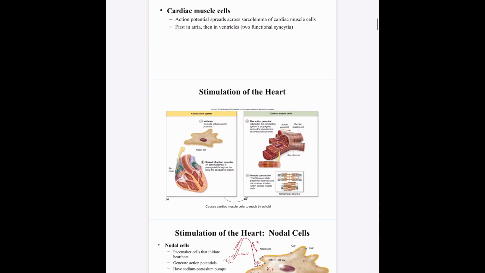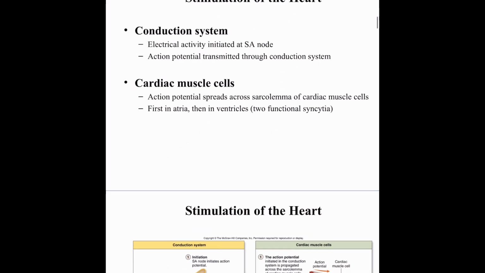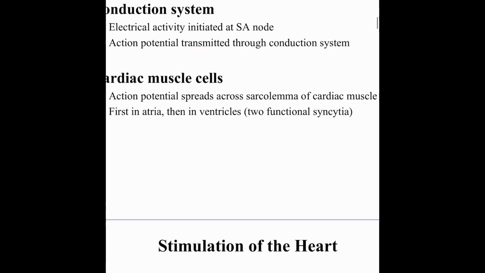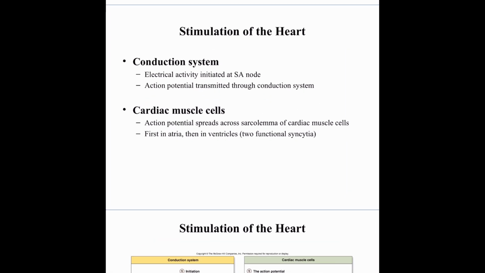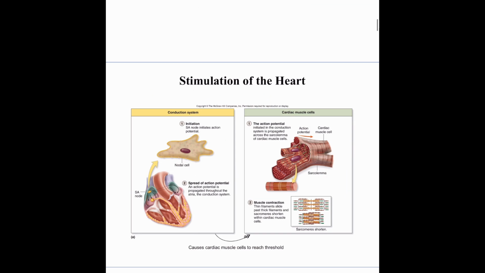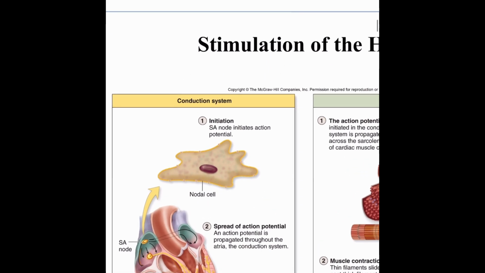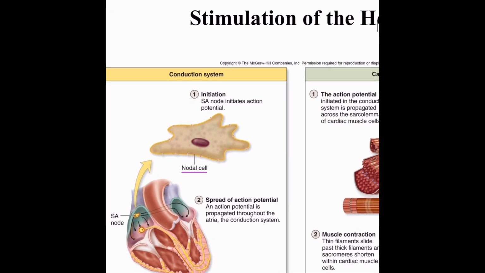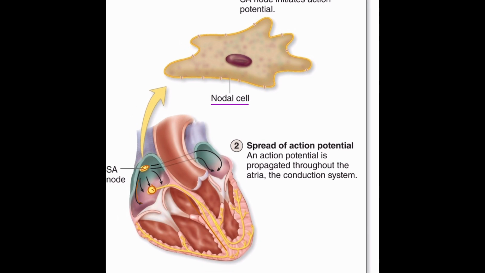So again, first in atria, then in ventricles, there are the two functional syncytia, right? Sorry about that. So then we have the stimulation of the heart. We have that conduction system. So initiation begins at the SA node with these nodal cells, and it will spread across that conduction system, right?